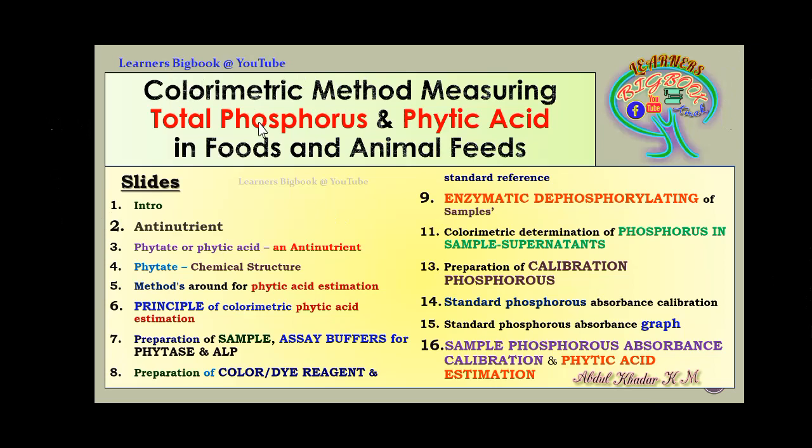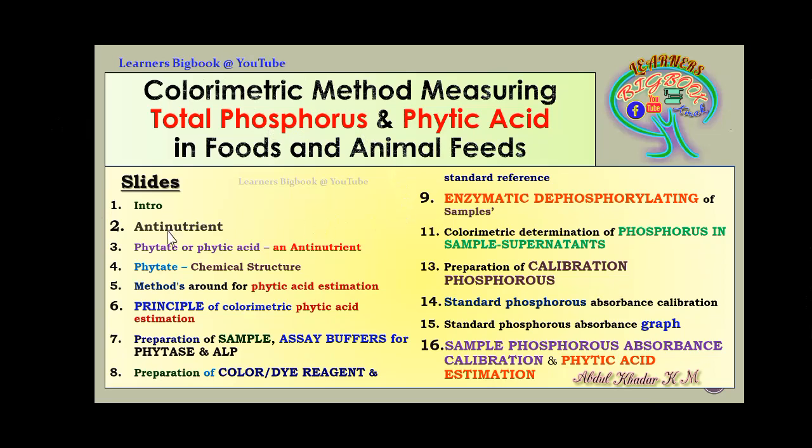In this new presentation, we are going to discuss the experiment where we colorimetrically measure the total phosphorus or the phytic acid present in foods and animal feeds.